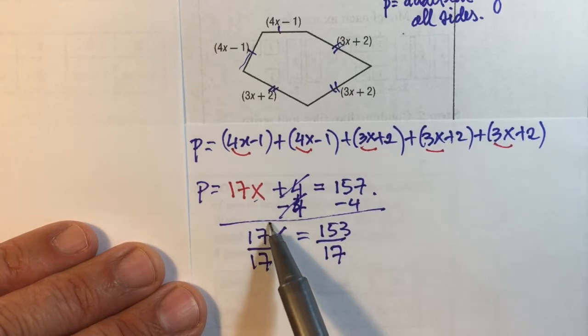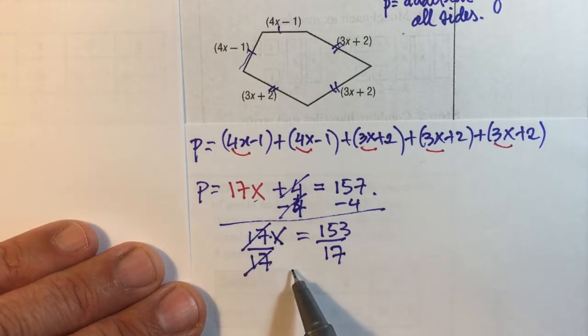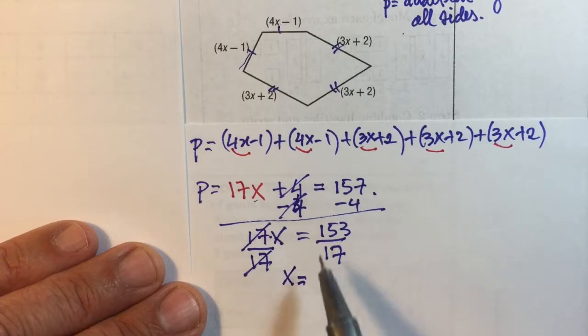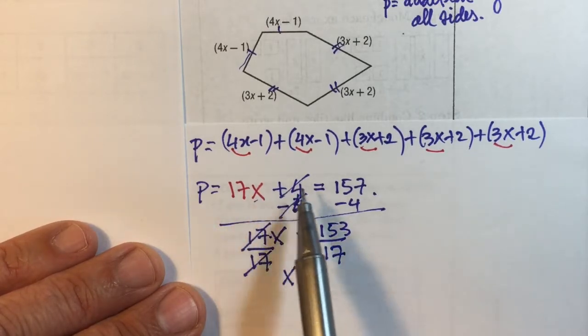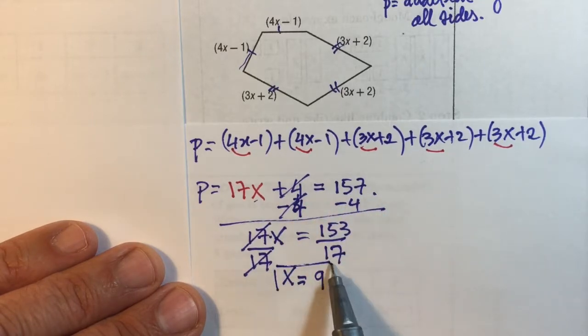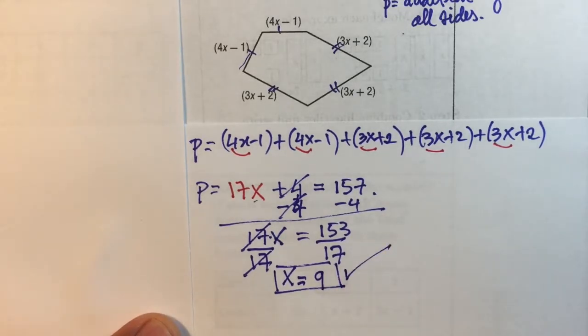In this way, the 17 over the 17 is 1, and the x is alone on the left side. I do the division, 153 divided by 17, and I have 9. So for a perimeter equal to 157 units, x is going to be 9 units. And this is my final answer for number 2.